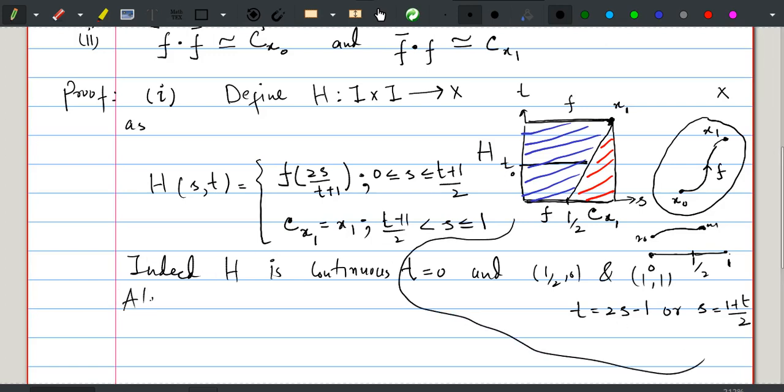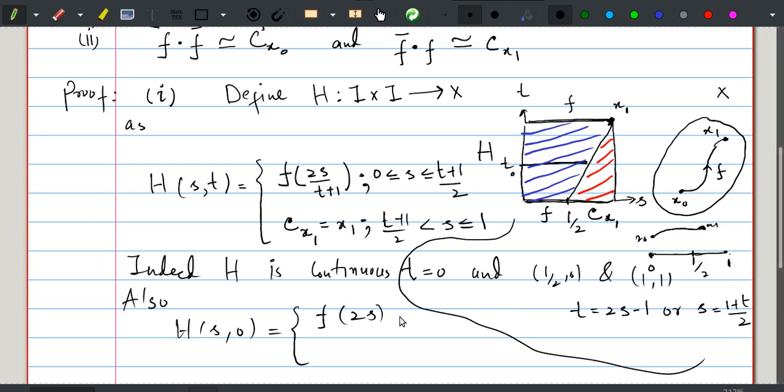Also, h of s, 0, which is f of 2s, where s is in this interval. So h of s, 0 is equal to f of 2s, where s belongs to the interval.